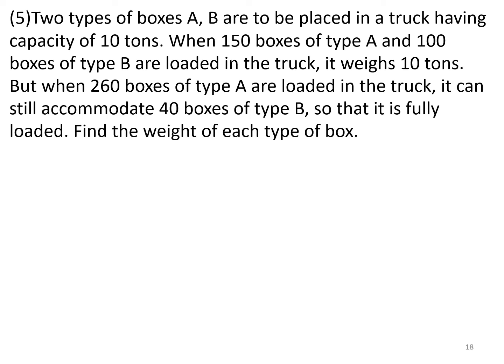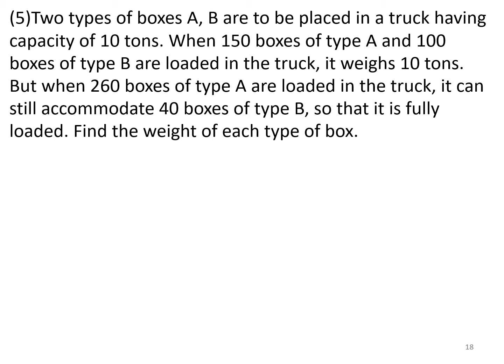But when 260 boxes of type A are loaded in the truck, it can still accommodate 40 boxes of type B so that it is fully loaded. Find the weight of each type of box.